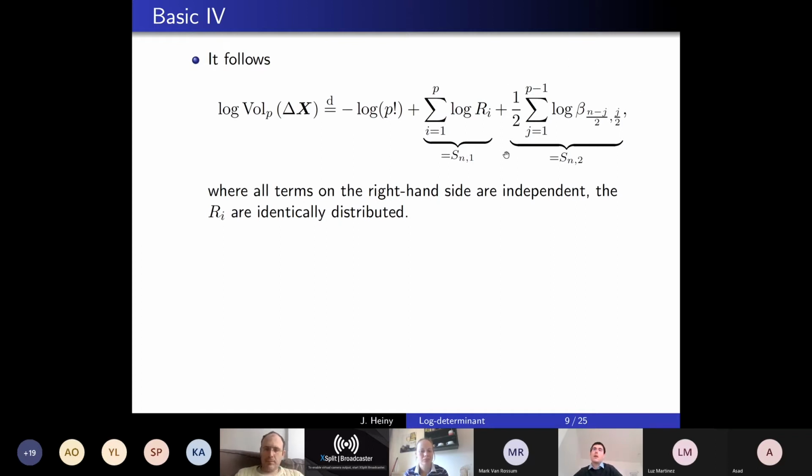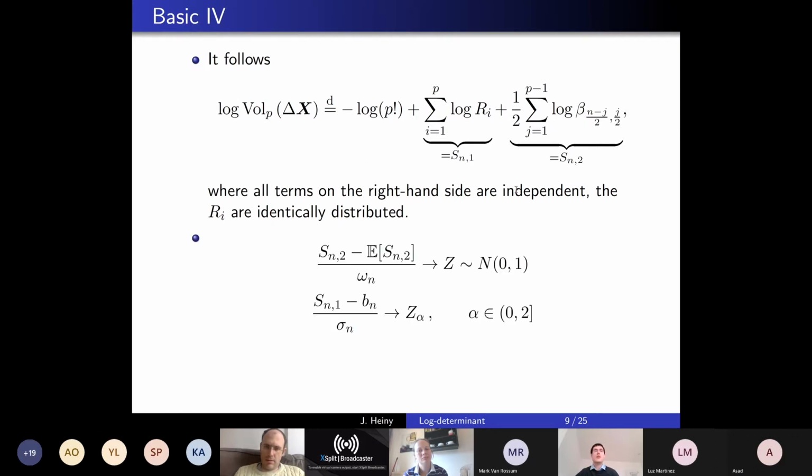And this one we have basically analyzed before, and this one is even simpler. It's just an IID sum. And the important thing to note is that all the terms on the right-hand side are independent.